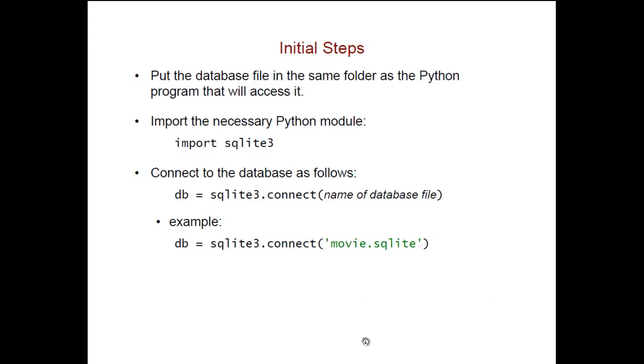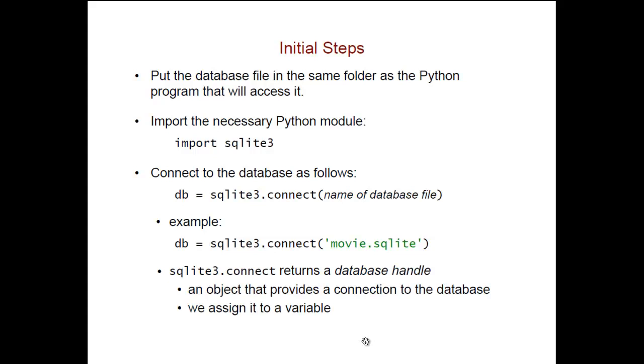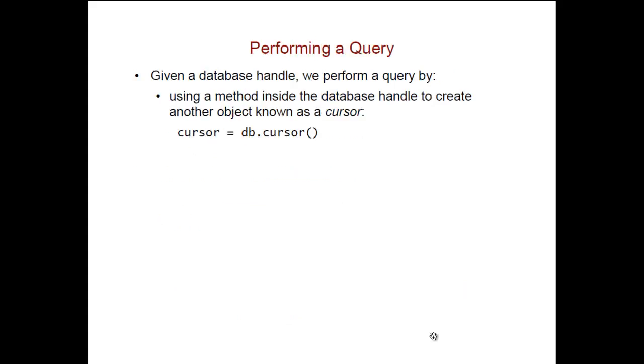And what this connect function gives me is an object that we're going to call a database handle. It provides a connection to the database, and we're taking that return value and assigning it to a variable. We're calling that variable db. And then once we have our database handle, we can go ahead and perform the query that we need to access the database.